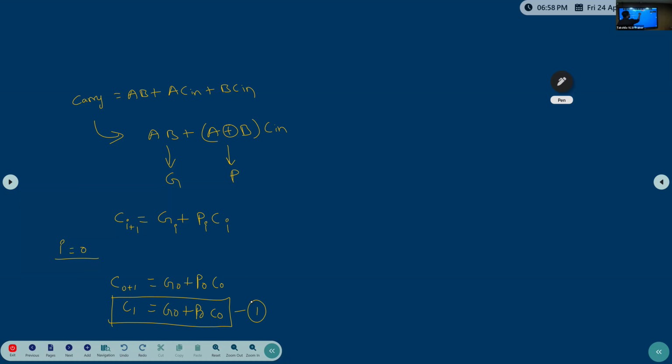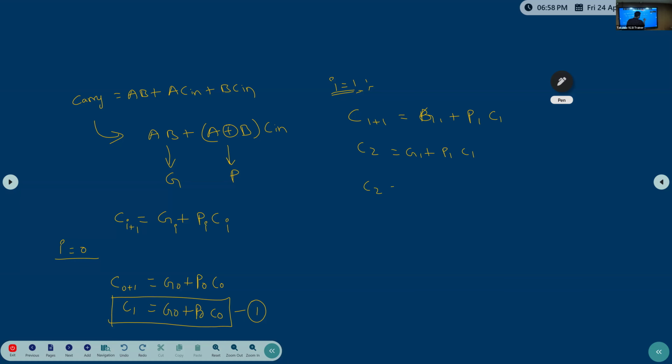So now i equal to 1. C1 plus 1 equal to G1 plus P1 C1. So that means C2 equal to G1 plus P1 C1. But if this equation 1 will be substituted in this equation, what will we get?